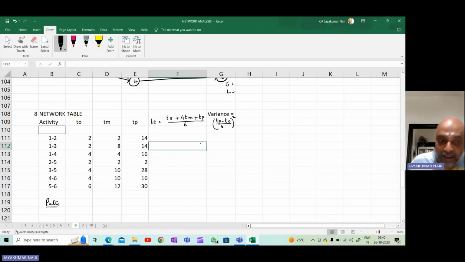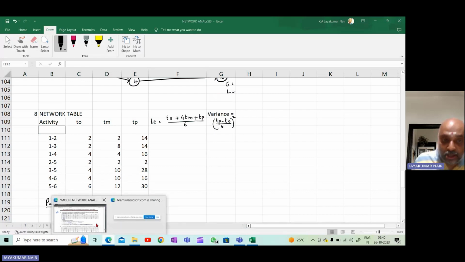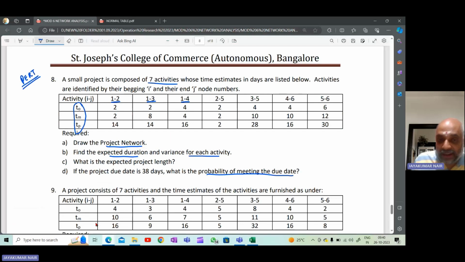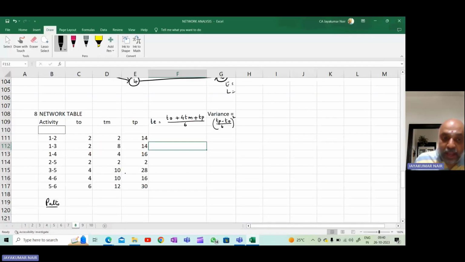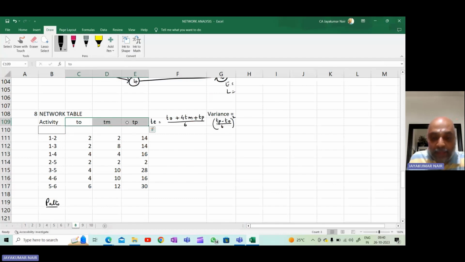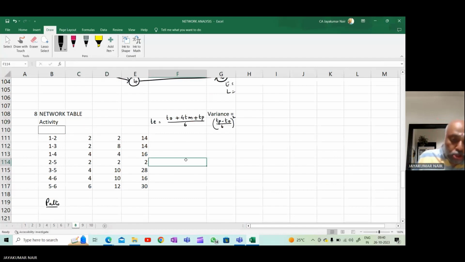In this network table, in the first column heading, I'll write the activity. The activities are nothing but what is given in the question: 1-2, 1-3, 1-4, 2-5, 3-5, 4-6, 5-6. So I've copied the activity, and we know what TO, TM, and TP are: optimistic time, most likely time, and pessimistic time.